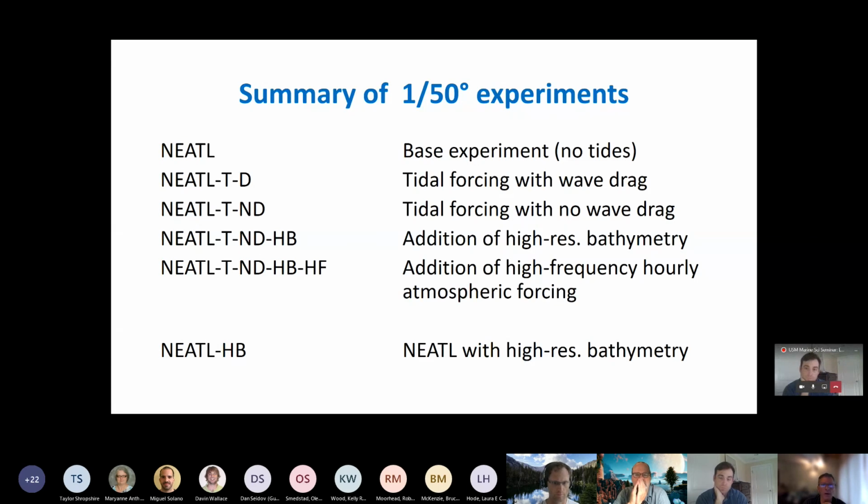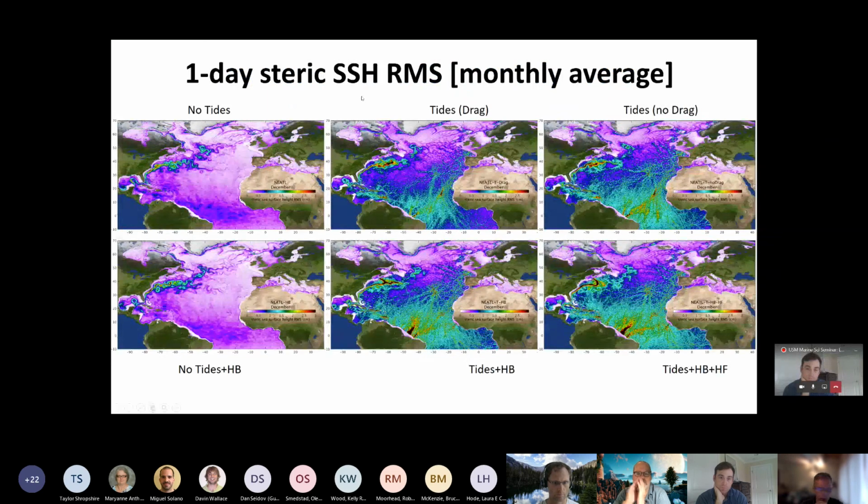What we used to show the impact of tides is to look at the steric sea surface height RMS daily, and then we take a monthly average. That's what we show here.